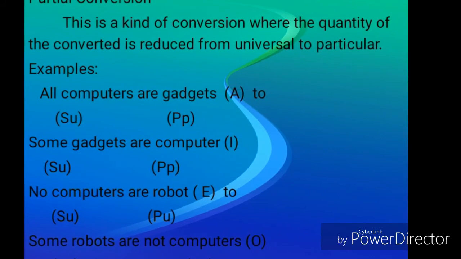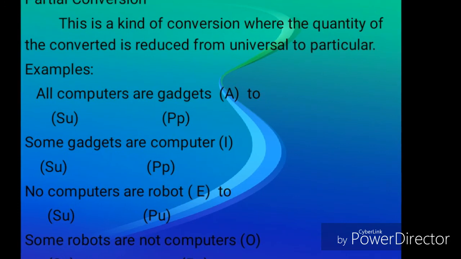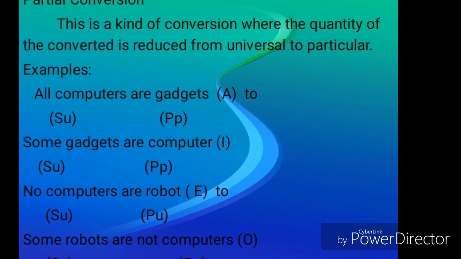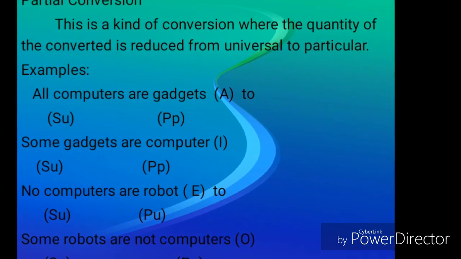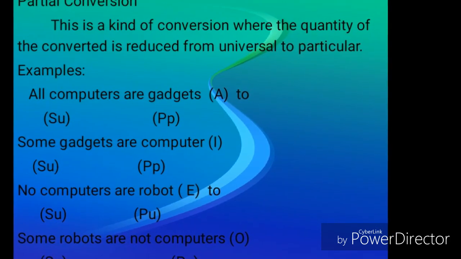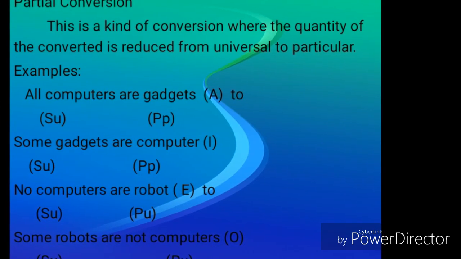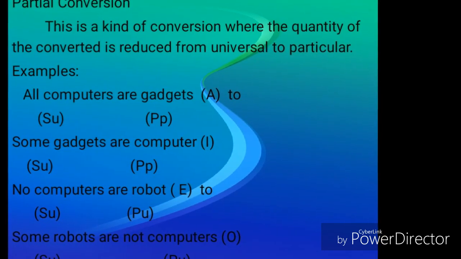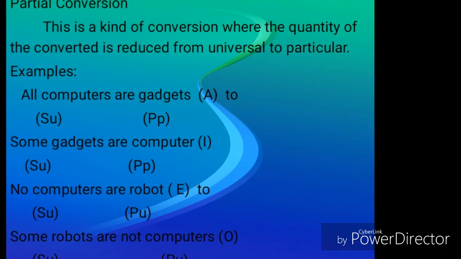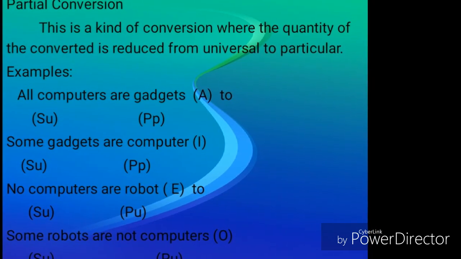For example: all computers are gadgets. Some gadgets are computers. No computers are robots. Some robots are not computers.